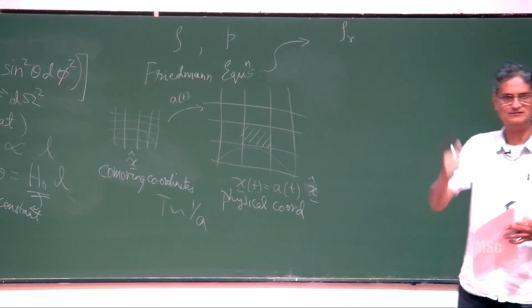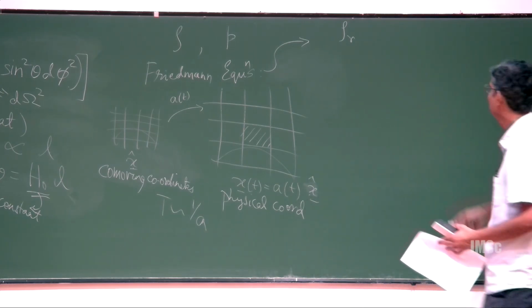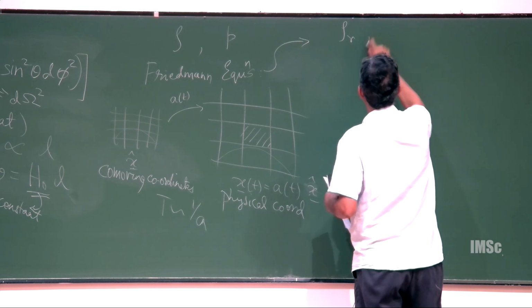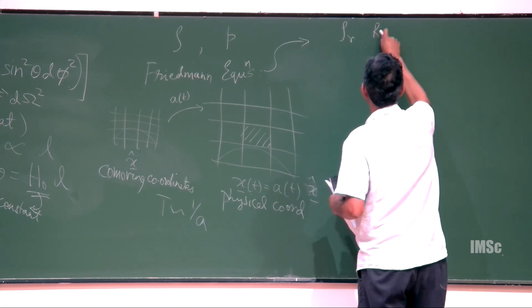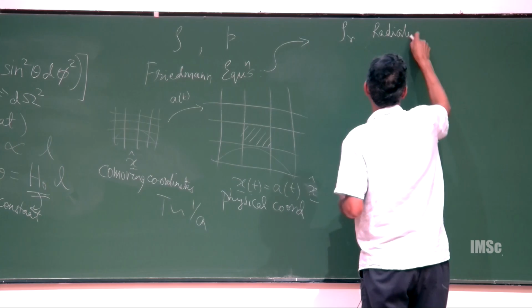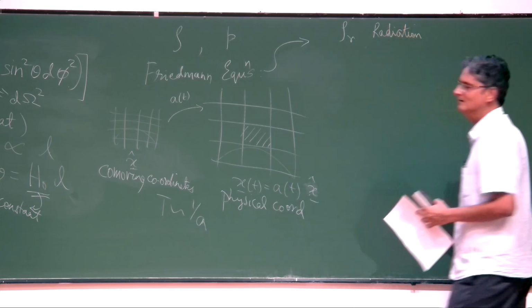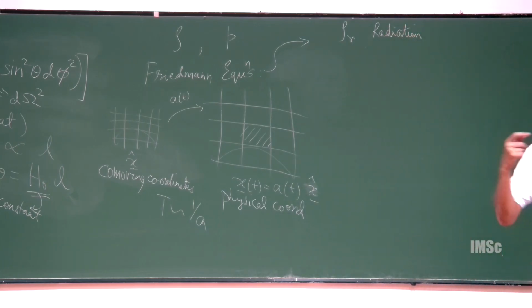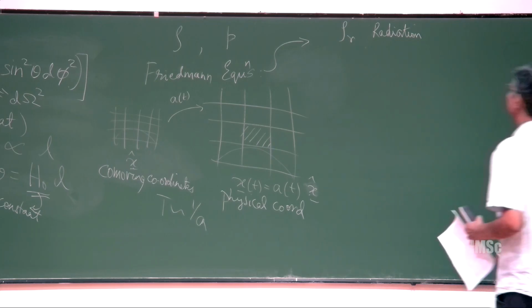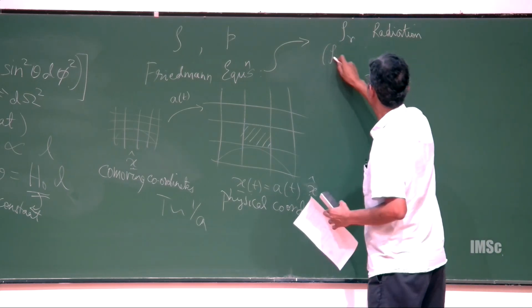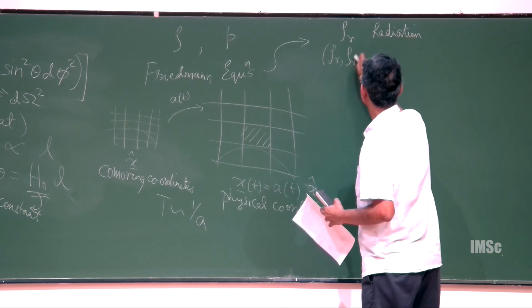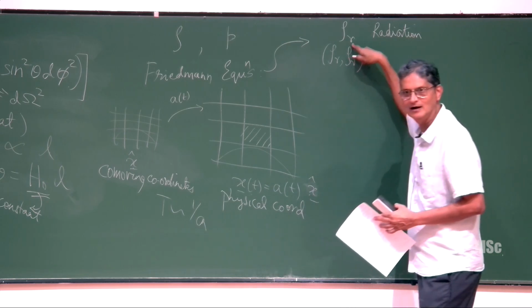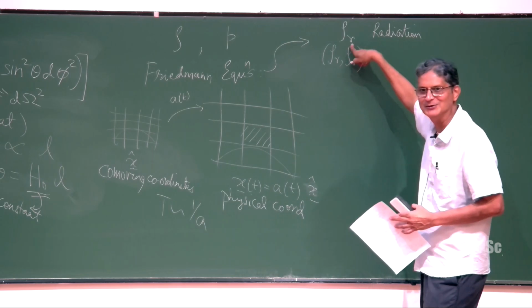So radiation, or photon; photon is radiation. So this can now be rho gamma or rho nu. That will be rho R now.